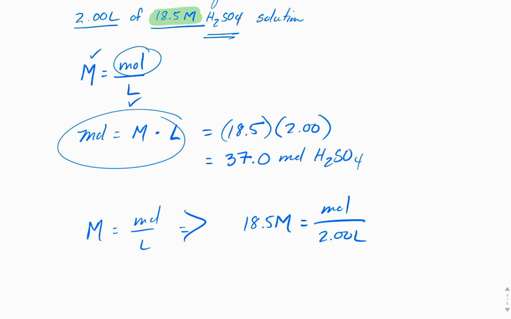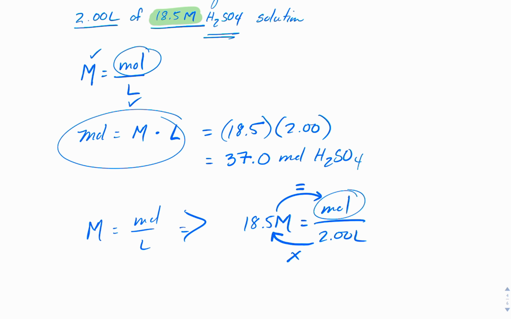One thing you can note when solving for this is that if you multiply the denominator on the right hand side, the 2.00 liters, times the molarity on the left hand side, that will equal the moles. So that's one shorthand way you could do it if you want to shorten the amount of time it takes you to solve this problem.